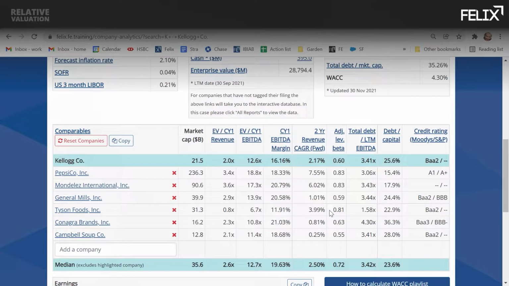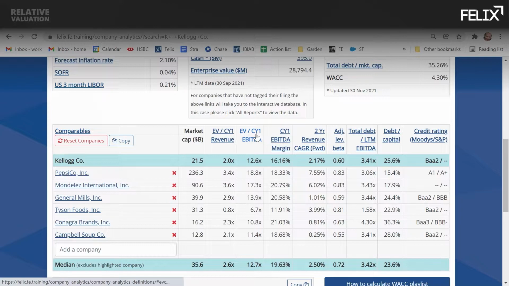Now, the grid is split into 2 components. The first component is a valuation component, and that covers the first 5 columns. So it's the market capitalization, the value of the equity in the market at the moment. Currently Kellogg is valued at about $21.5 billion. It's trading at a revenue multiple of 2 times and a CY1 EBITDA multiple of 12.6 times.